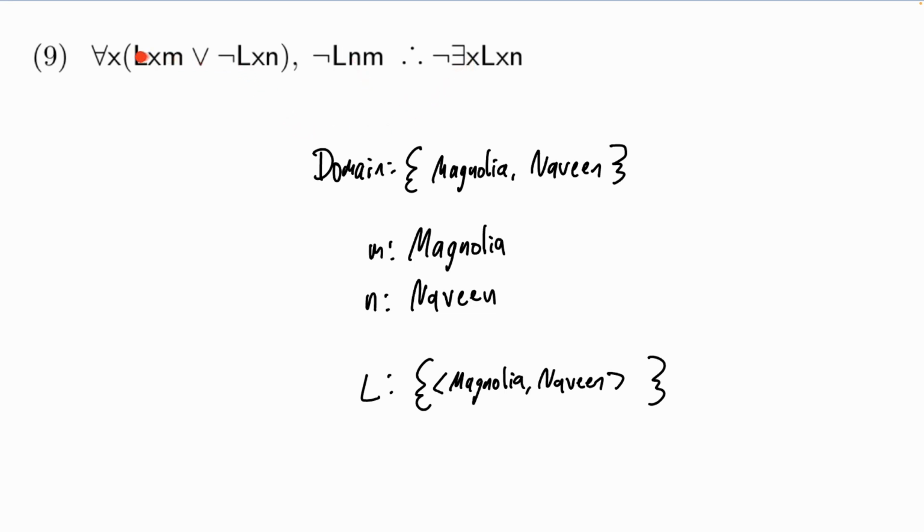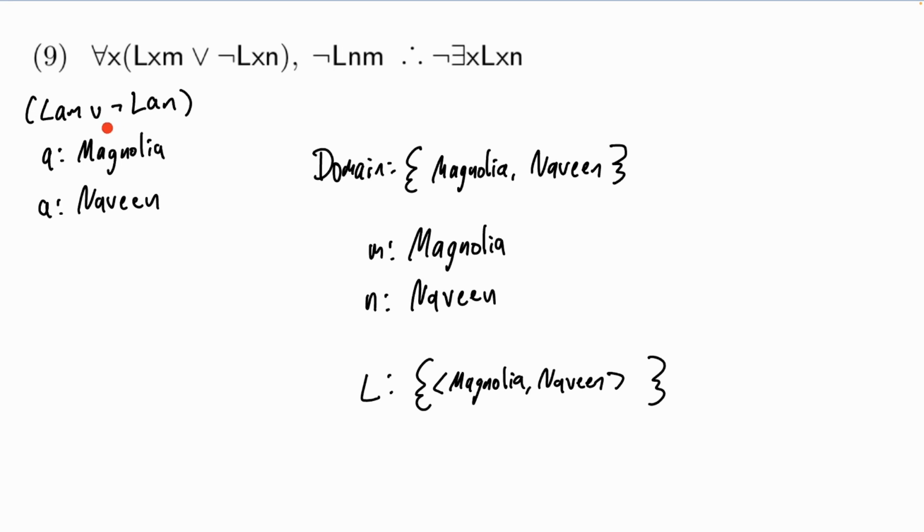Now we just have to make this premise true. Now to make this true, we need to make the instance LAM or not LAN true when A refers to Magnolia and true when A refers to Naveen. So let's first try to make this true when A refers to Magnolia. Now if A refers to Magnolia, then LAN says Magnolia loves Naveen, and that is true on the valuation we've constructed so far.